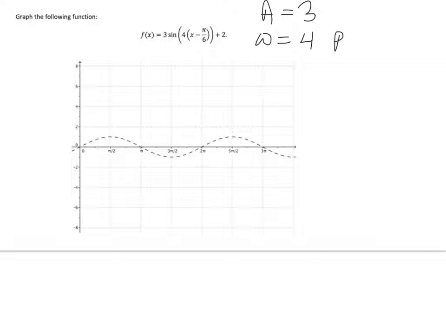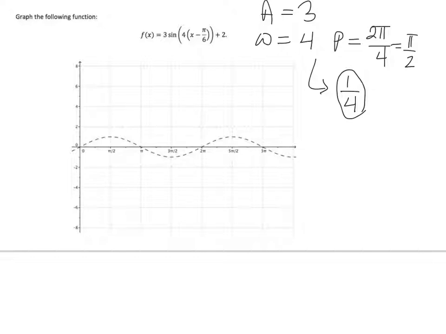So our period is 2 pi over 4, or pi over 2. Okay, the graph of the function is a horizontal scaling of the graph of the sine function by a factor of 1/4. That right there is 1 over omega.